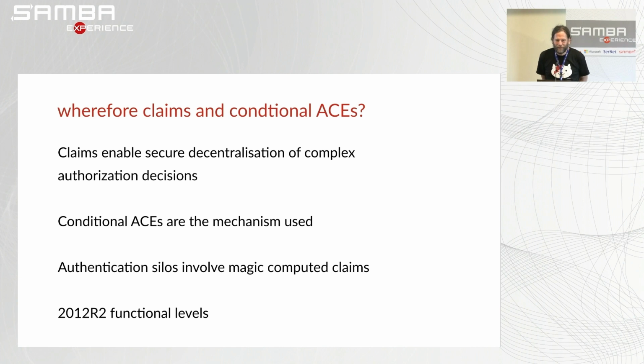I can't remember if it's forest or domain and what kind of functional level it is. It's one of those. If you've got claims and conditional ACEs, you can tick that box, and ticking the box, after a while it becomes important in its own right. But I think they are actually interesting in their own right for the things they let you do.